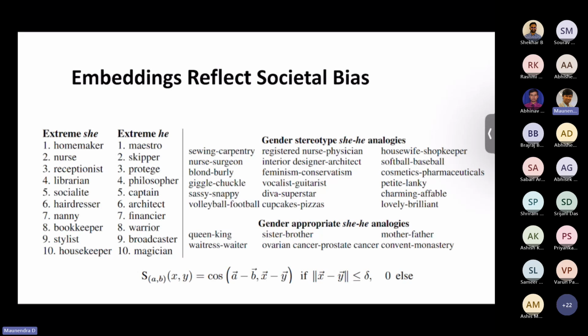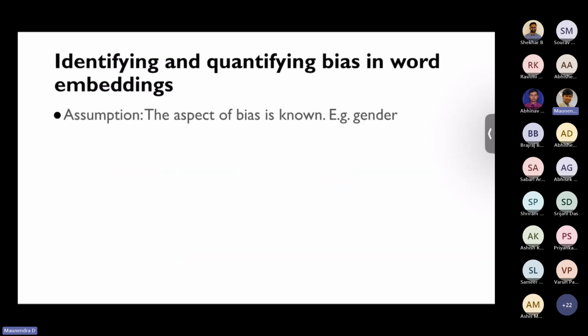When we look at the process, we'll come back to that list again. The assumption is that the aspect of bias is known, here it's gender. So we need to first find the gender dimension.